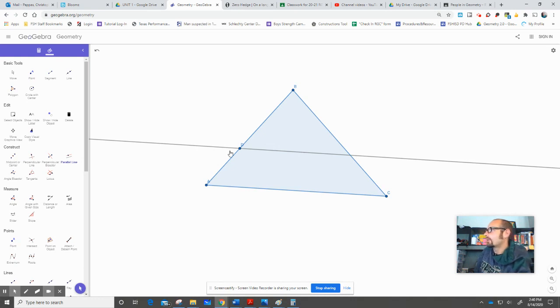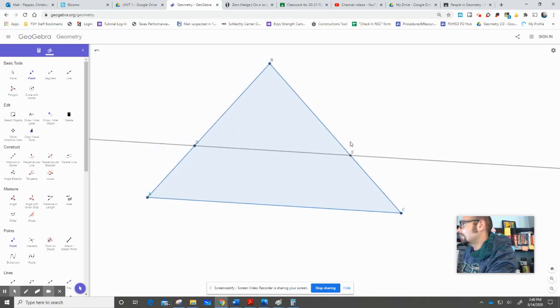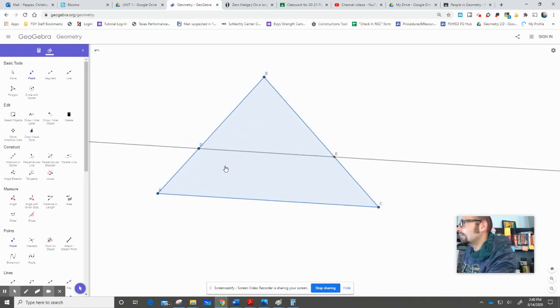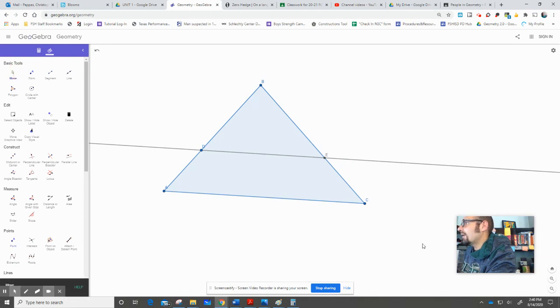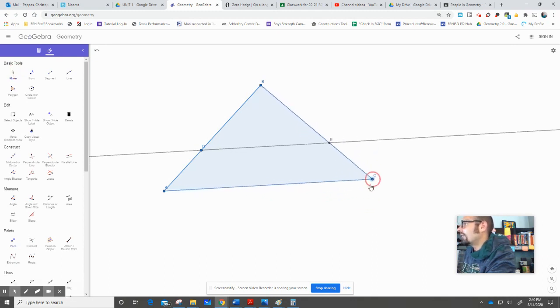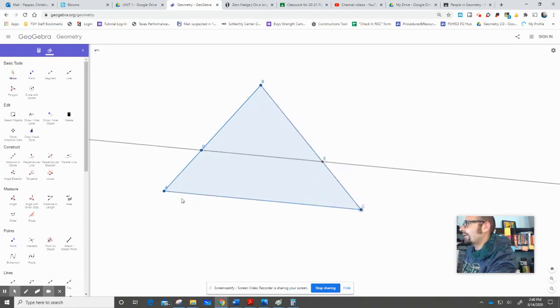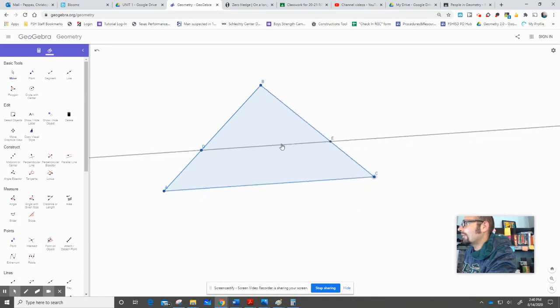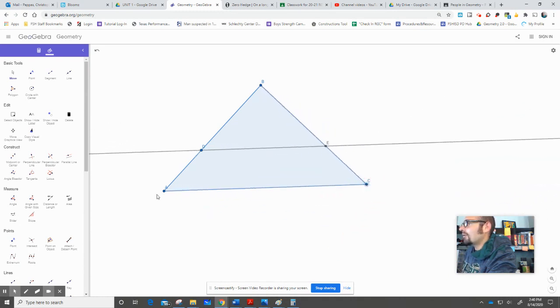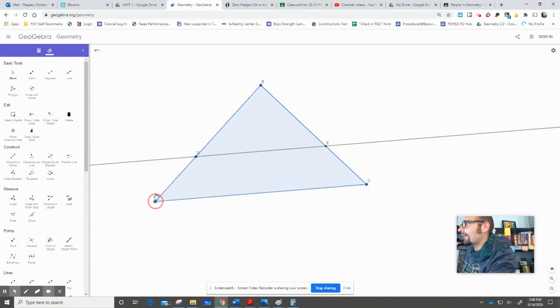Here we got a new line that's parallel to AC and goes through the triangle at point D. I'm also going to put a point E where these two lines meet, BC and DE. Now you'll see if we move any of these points, as AC changes its slope, DE changes its slope the same way. That's the cool function of that parallel line tool.